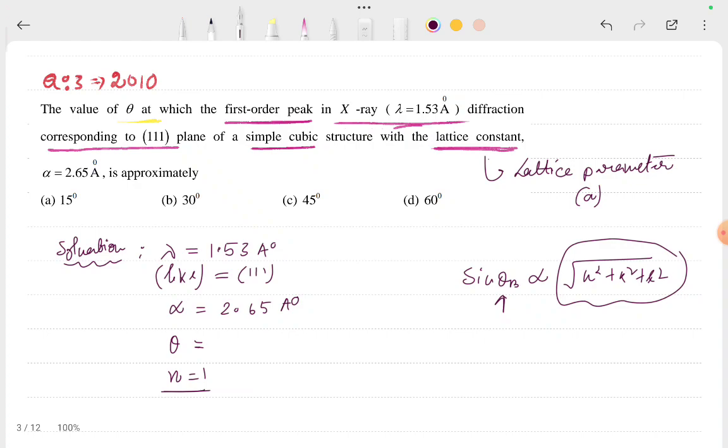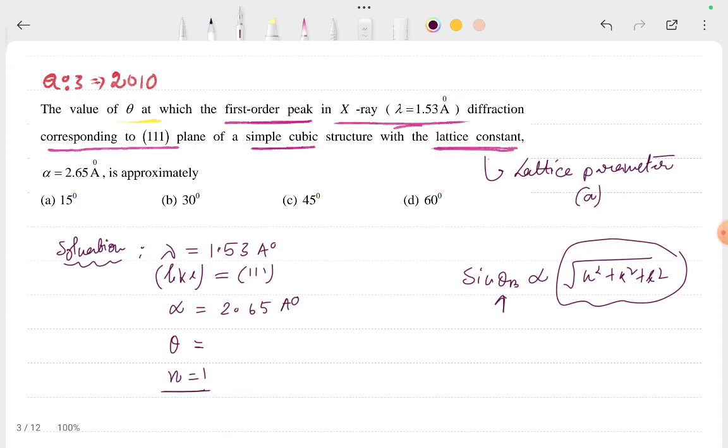If you are confused whether theta is the Bragg's angle or the incident angle, don't worry. If there is no information about theta, you always choose this as the Bragg's angle. By default you choose it as Bragg's angle.